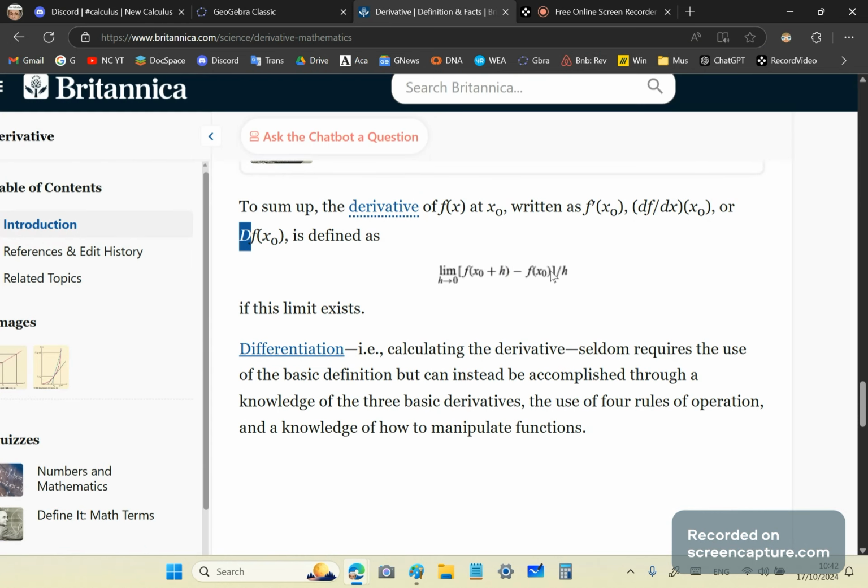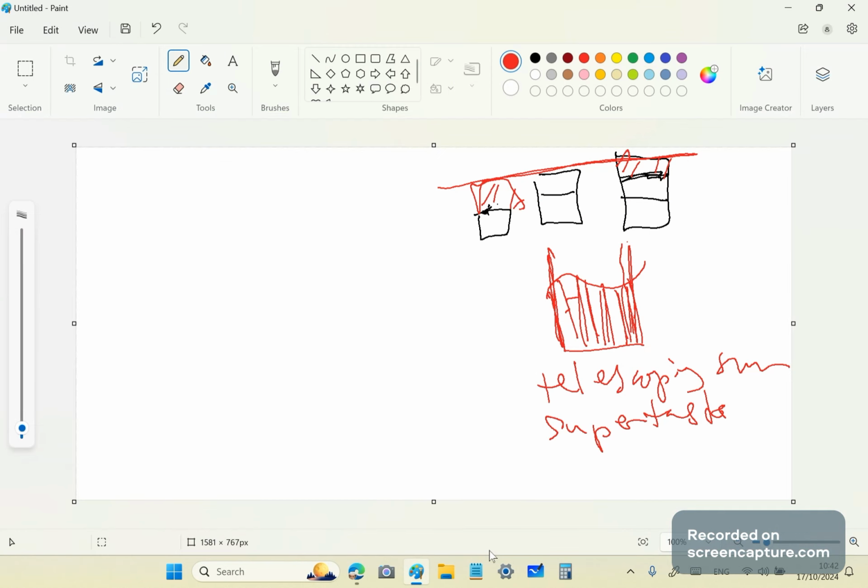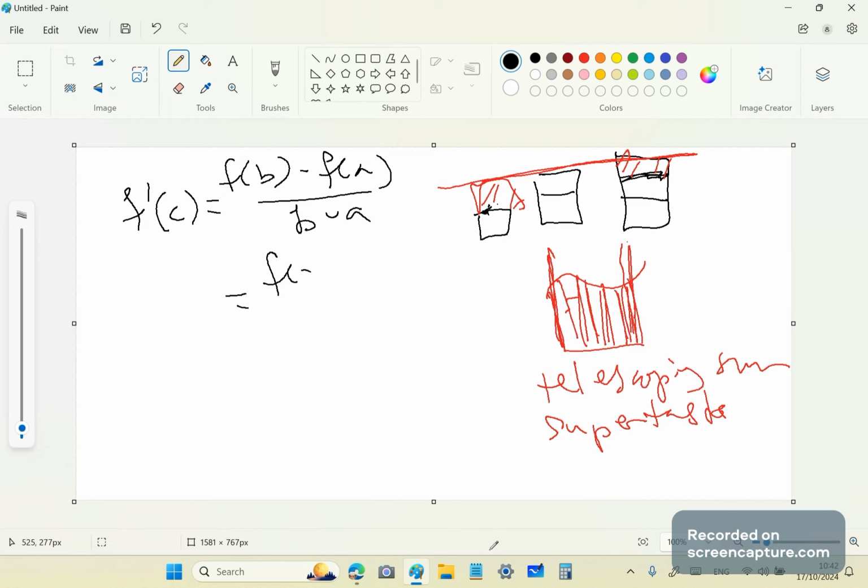And I looked at this and I thought to myself, wow, they had the mean value theorem. Here's the mean value theorem. They knew about it. So they wrote f prime of c, or as I wrote before, f of x plus h minus f of x over h.